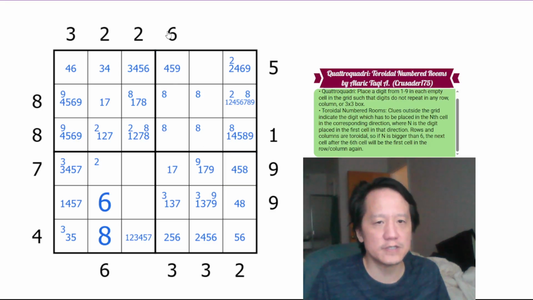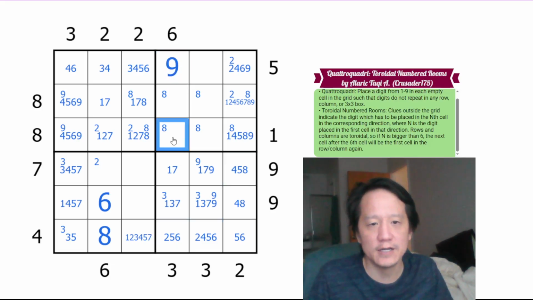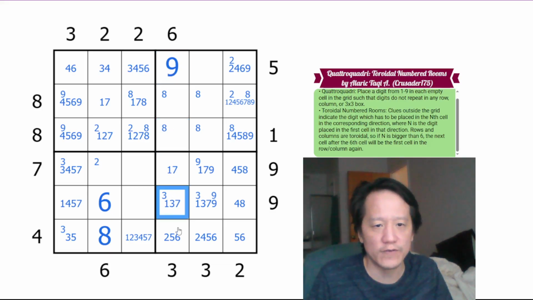That means the 6 has to be in 4, 5, or 9. It cannot be in 4 or 5 because neither of these can be 6 because of this quadruplet here. Therefore, it must be in 9. So this is 9. This must be a 6 here. 1, 2, 3, 4, 5, 6, 7, 8, and 9. Therefore, this can't be 6 here. This is 2 or 5.